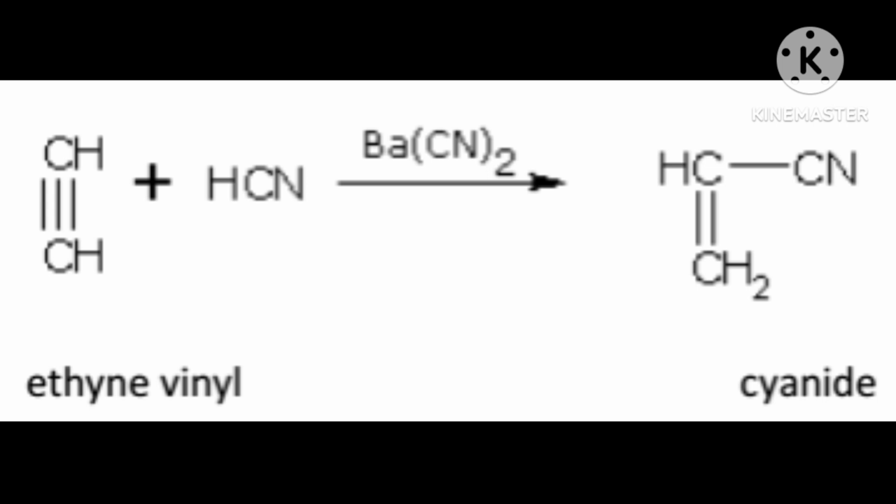One molecule of water adds to alkynes on warming with mercuric sulfate and dilute sulfuric acid at 333 Kelvin to form carbonyl compounds. Reaction will take place only by adding water.